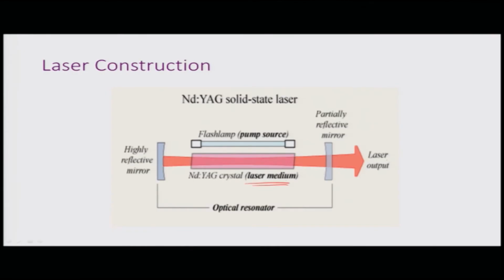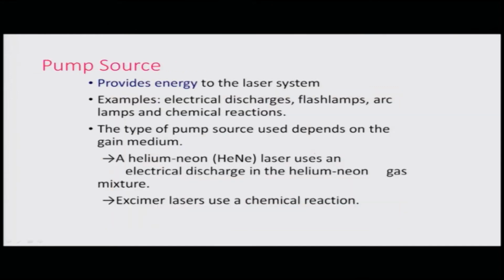A glimpse of this kind of laser was already presented in the earlier lecture, showing that we have an almost 100% reflecting mirror on one side, and a slightly less than 100% reflecting mirror on the other side. So the little leakage comes out as the output, and most of the gain and all this process continues within the resonating cavity. That is the basic idea.